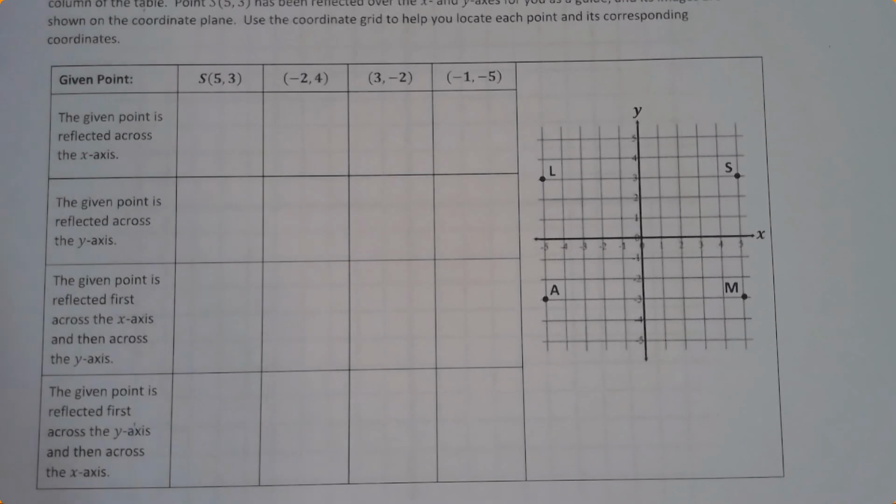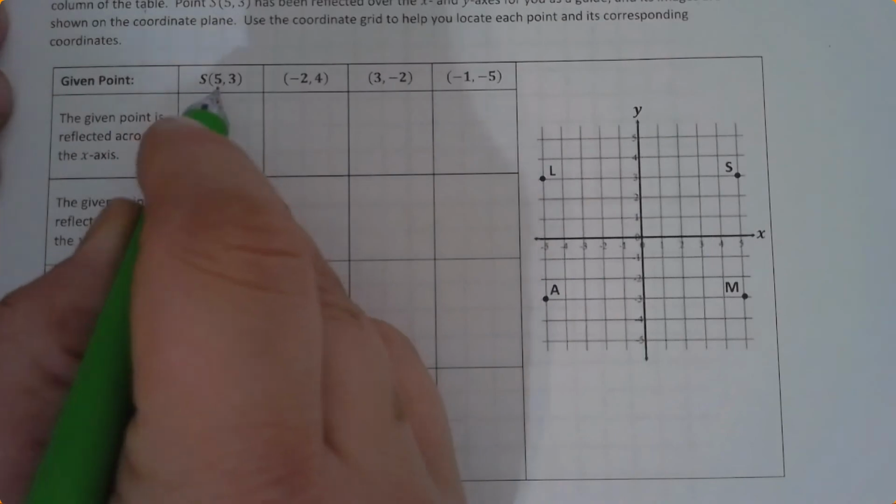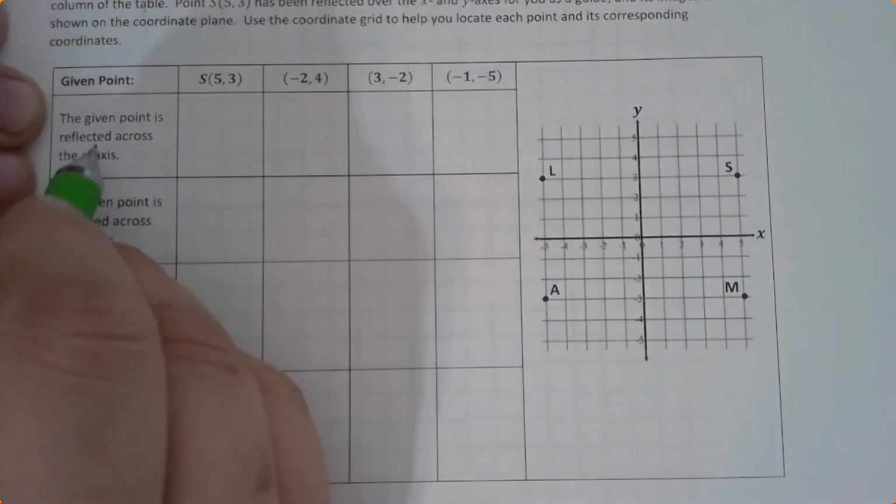All right, class, hopefully we're coming back from a small little break. So let's go ahead and get on to the next few things here. As I said, we were working on these 4 values, these 4 ordered pairs, and we're being given information in the first column that tells us what happens to each of these points. So we got our first point, which is S(5, 3). And it's saying the given point is reflected across the x-axis.